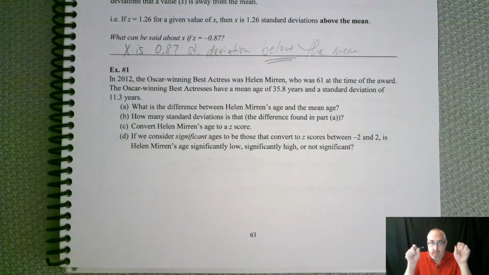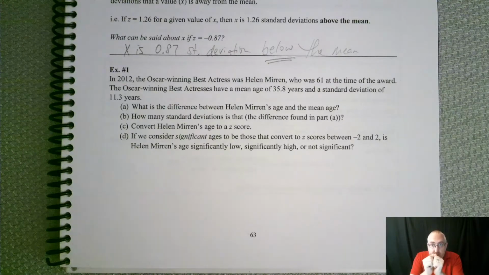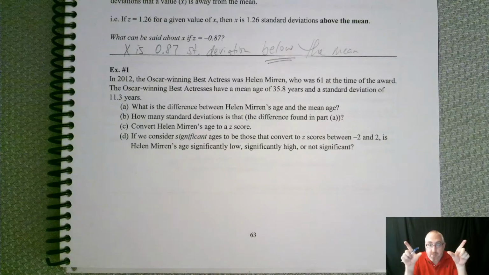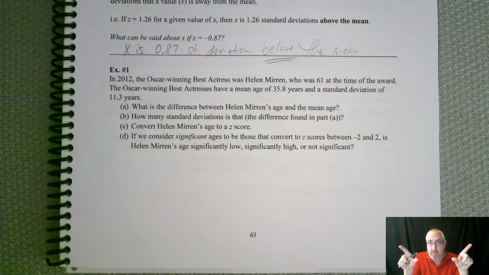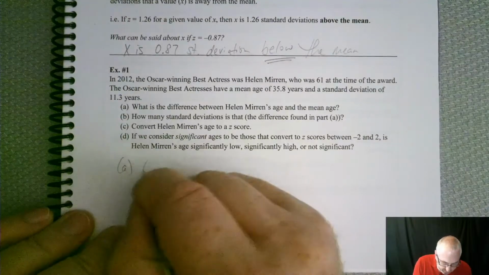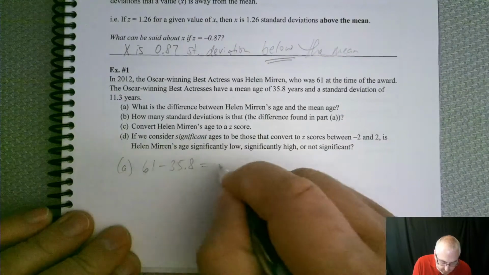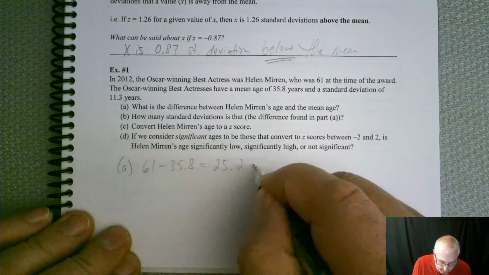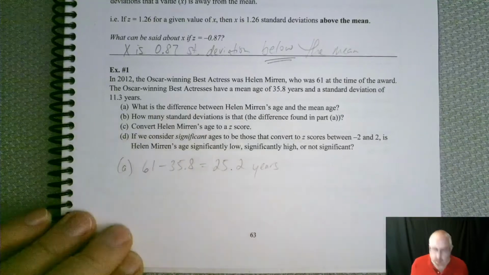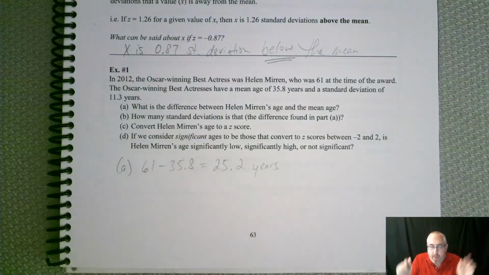We had these 2 cutoffs, and we wanted to first confirm that the mean was in the middle, so we did some subtraction on each side and showed that it was the same. That's what we're doing here: just subtracting those 2 values. So 61 minus 35.8, which better be 25.2 years.